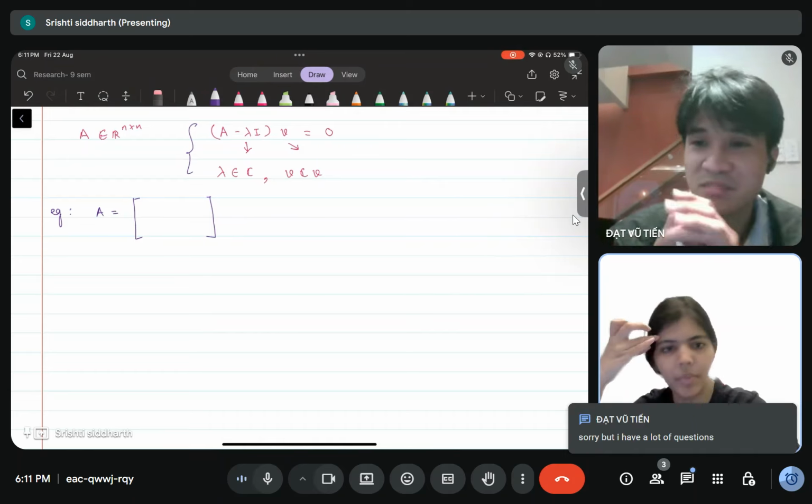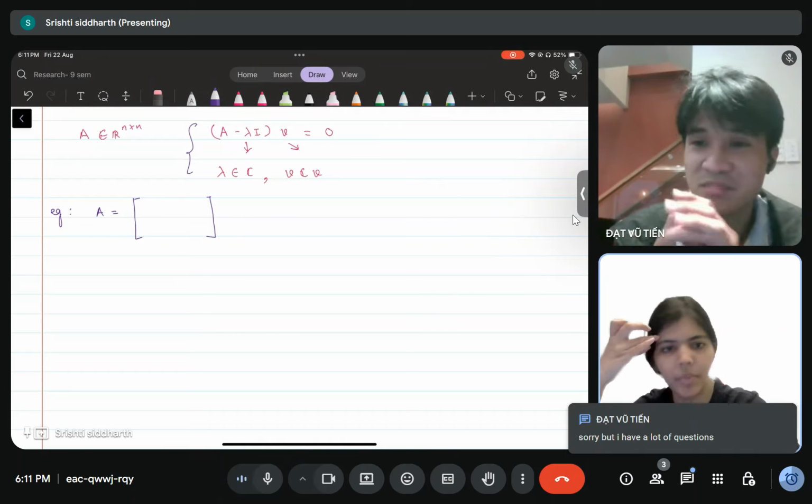Let me just get a simple example. Complex eigenvalues can arise when we consider an electrical circuit with inductors or capacitors.